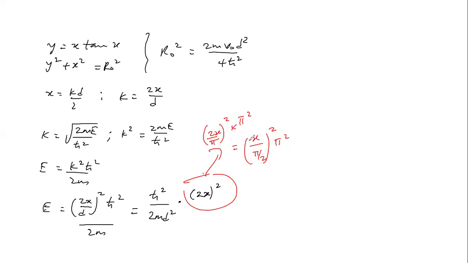And this we can say is in terms of the intervals of the x-axis. So the energy term in terms of the x-axis can now be plotted. And once we plot this graph, this is what we are going to get.